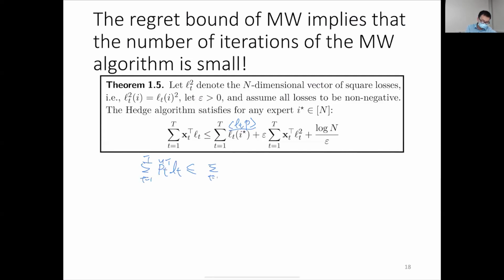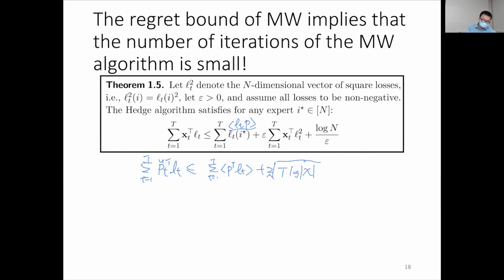So this is the sum over t from 1 to T of P transpose LT. And we'll use the upper bound of this regret, and choose the learning rate appropriately so that we end up getting 2 times square root of T log cardinality of the data space. I'm just applying this regret bound.